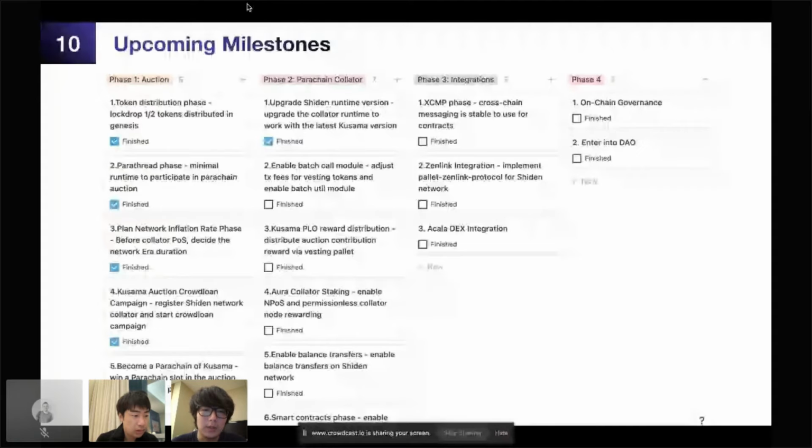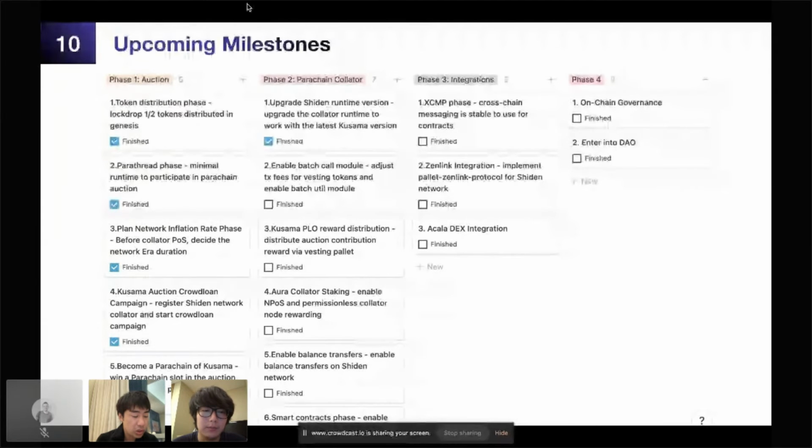And roughly a month after the first slot, we will be running our distribution script, which is going to be sometime in August, and that is up to the third step of phase 2.